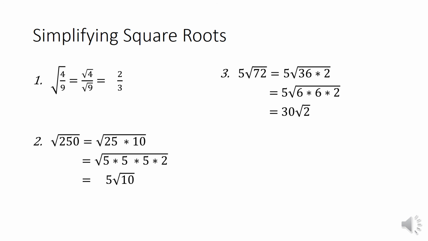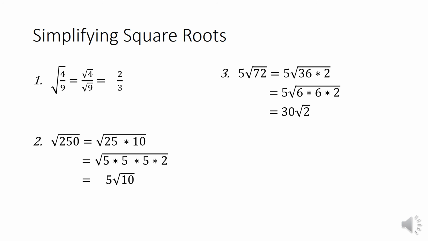That's why I have one 5 outside of the radical in the final answer. Now, that third 5, because it has no partner to pair up with, has to stay under the radical. So staying under the radical is going to be one of the 5's, and that 2. 5 times 2 is 10. So our ultimate answer is going to be plus or minus 5 times the square root of 10.